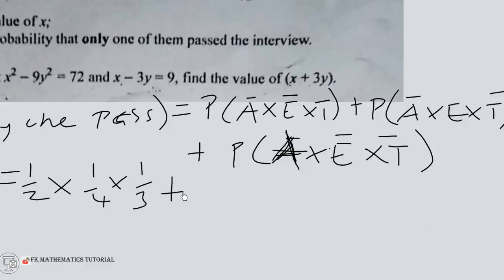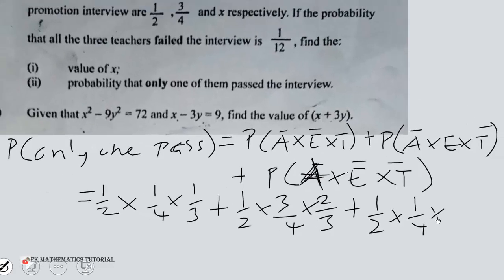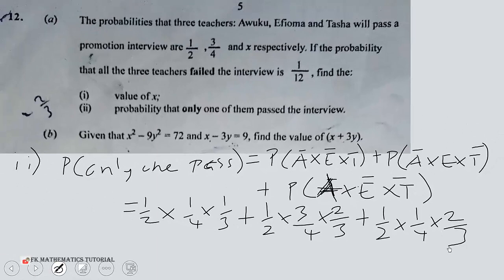Then A failed is 1 over 2, E pass is 3 over 4. Then we have T fail is 2 over 3. Then again we have A pass 1 over 2, E failed is 1 over 4, T failed is 2 over 3.